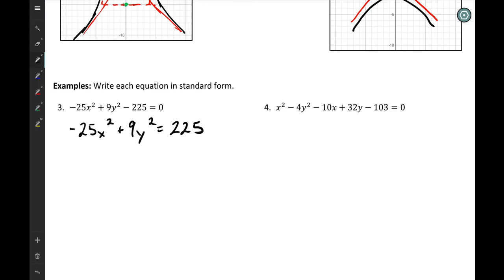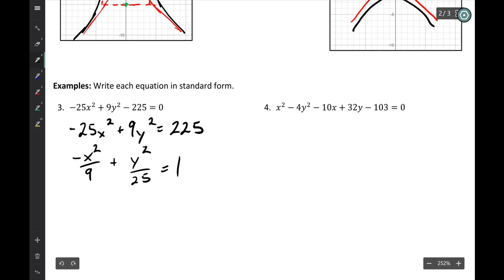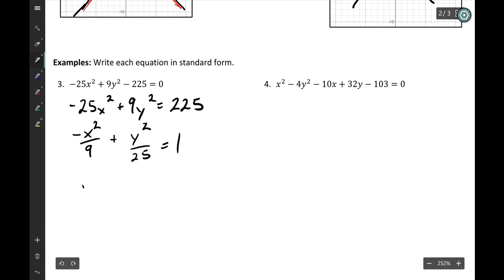So I end up with negative x squared over 9 plus y squared over 25 is equal to 1. And then we just want to rearrange these so they're in the correct form. Y squared over 25 minus x squared over 9 equals 1.